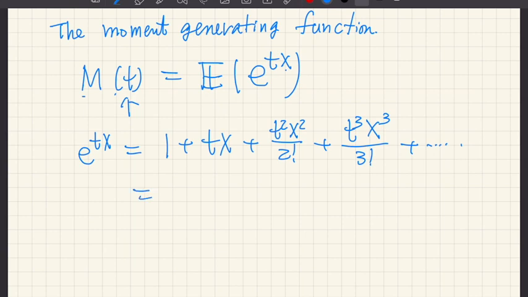So in general it's the sum from n equals 0 to infinity of t^n x^n over n factorial.